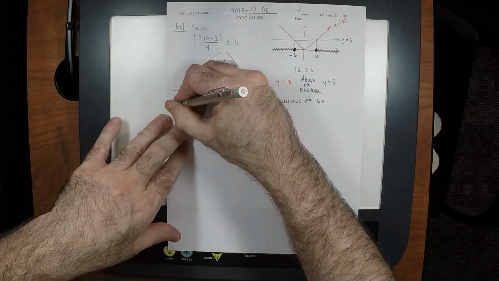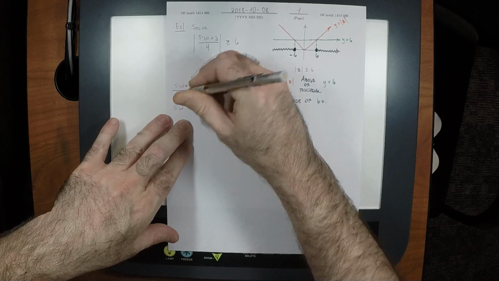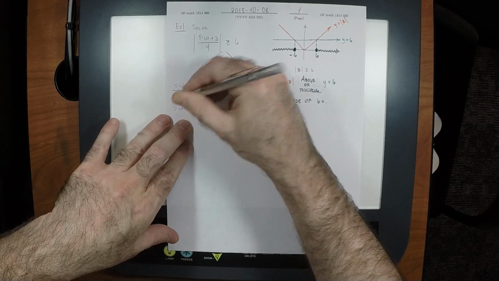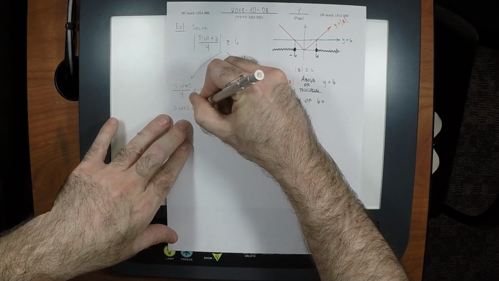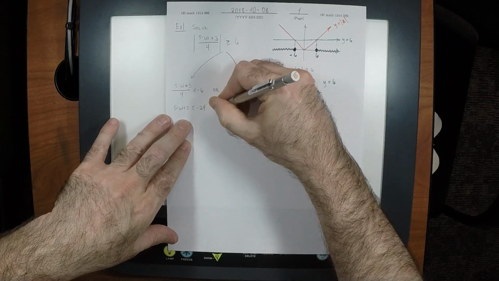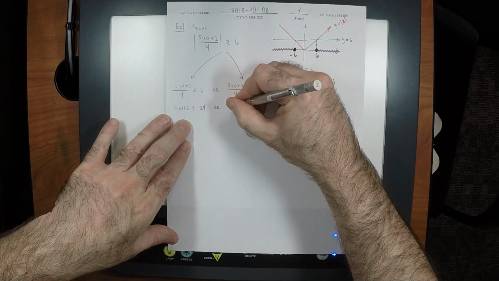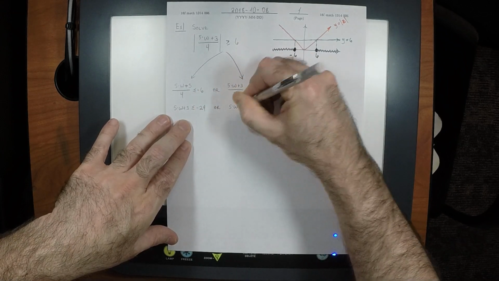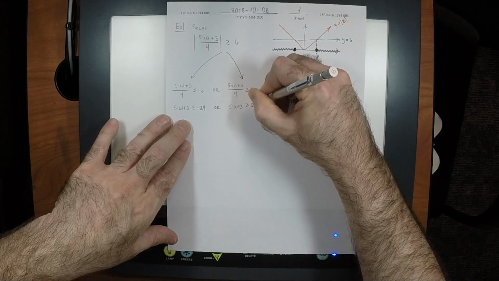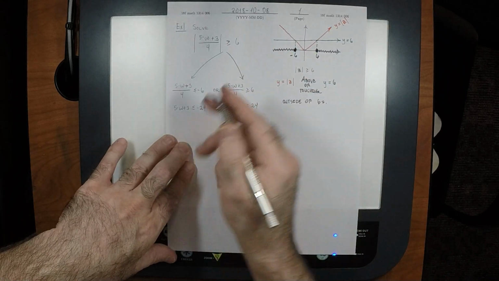So let's solve. I'll multiply both sides by 4, for both inequalities. I'll subtract 3.